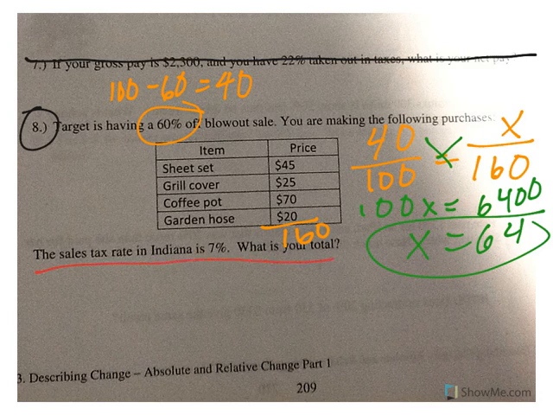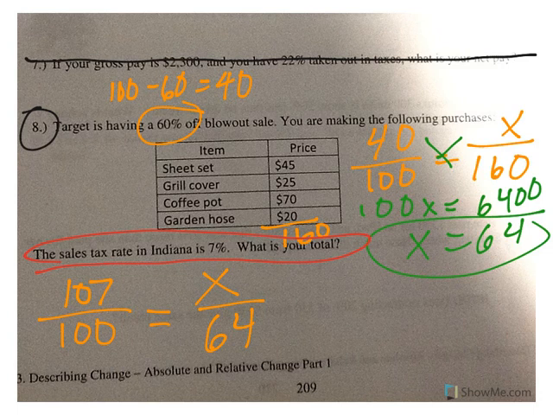But don't forget, sales tax is 7%. And that's in addition to the items. So 107% is after taxes. So $64 is before taxes. How much is after taxes? So when I cross multiply, I'm going to get 100x equals 6,848.